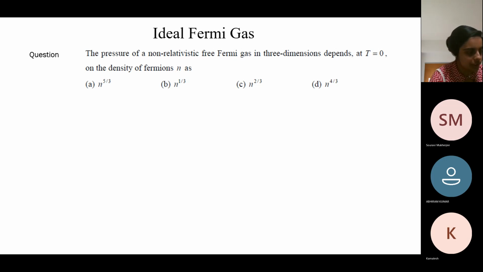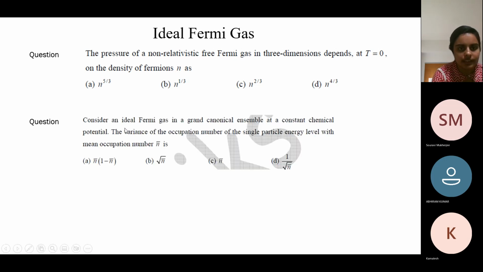Now, there's another question: consider an ideal Fermi gas in a grand canonical ensemble at a constant chemical potential, and the variance of the occupation number of the single particle energy level with the mean occupation number given as n bar is what? So can you tell me what the answer would be? We have discussed this a few slides back, but do you remember, or can you tell me what the answer should be?